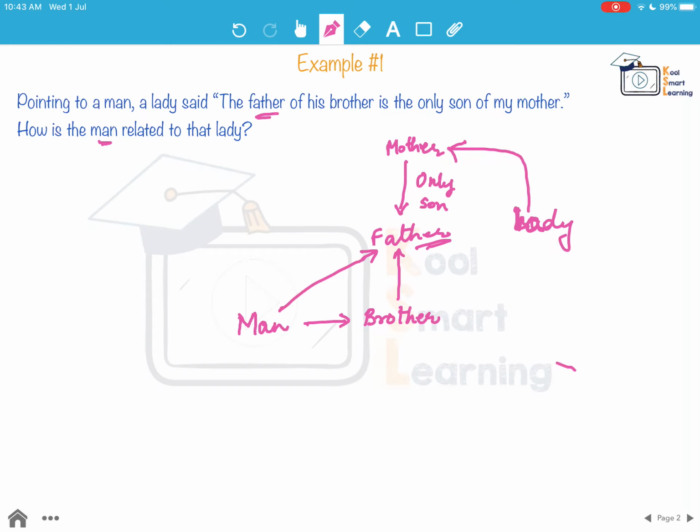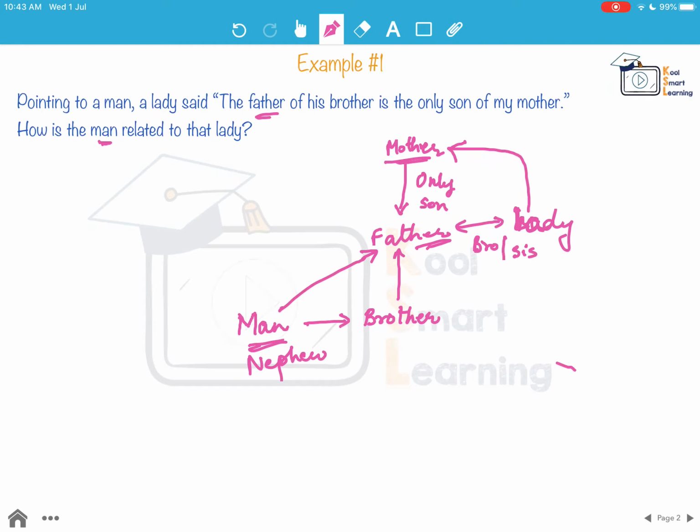But first of all, he is the only son of his mother also. So we've drawn the mother and then we are saying he's the only son, and since the lady is saying he's also my mother's only son, that means this lady and the man's father become brother and sister, right? So this means the man is now the lady's brother's son.